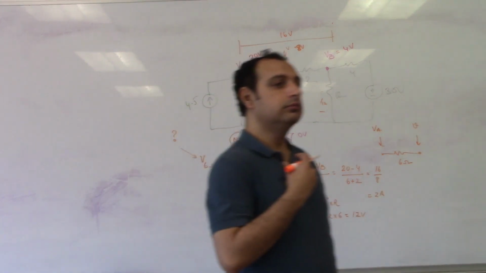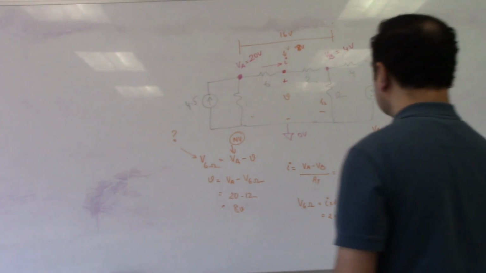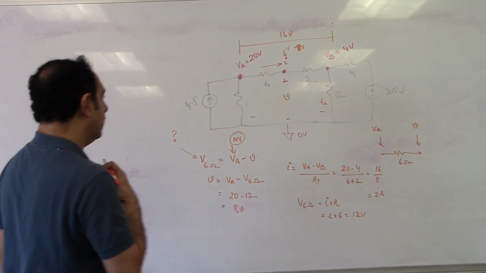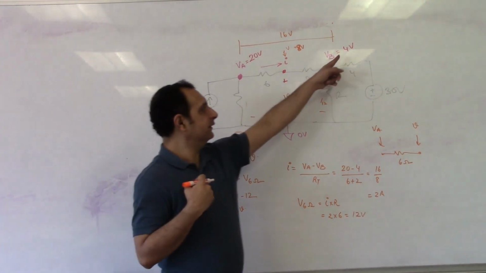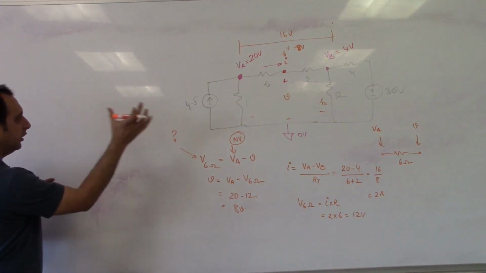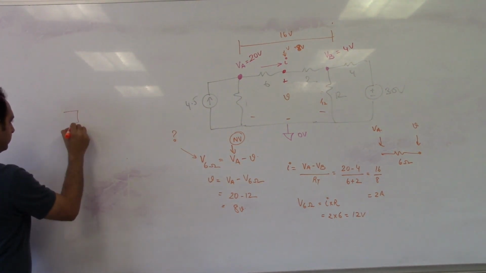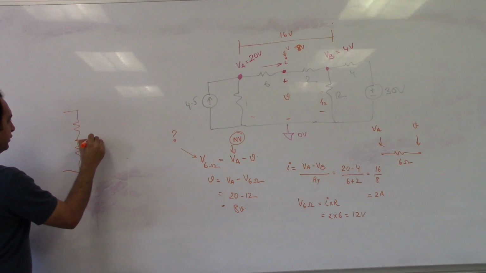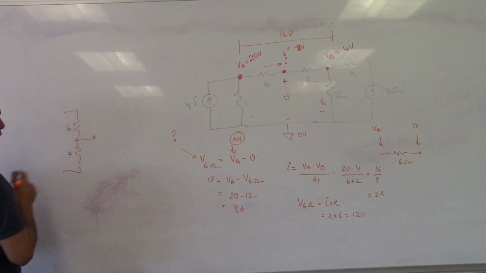Can we use a voltage divider to get the voltage at the 6 ohm resistor, using the total voltage between VB? Yes, for voltage divider, you'll have to assume this to be 0 here. Let's say these are the two voltages, and this is the voltage you're trying to find, V. This is your 6 ohms, this is your 2 ohms.